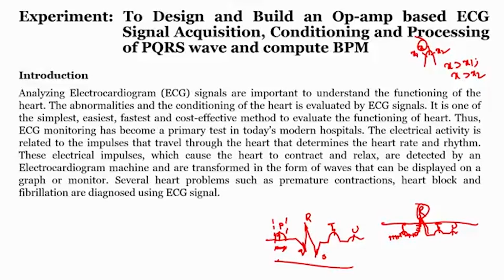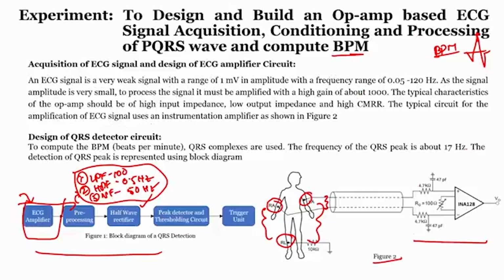In order to do that functionality using an operational amplifier, I have to design a circuit. Designing that circuit is nothing but a peak detector circuit and a thresholding circuit. Then after doing peak detection and thresholding, I have to compare. Whenever I get a peak, I have to count it.